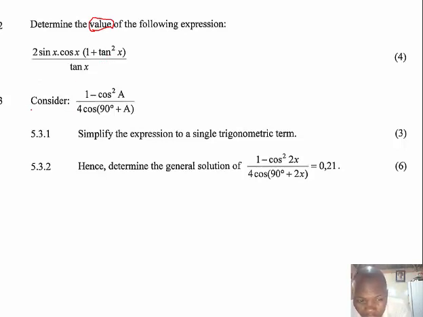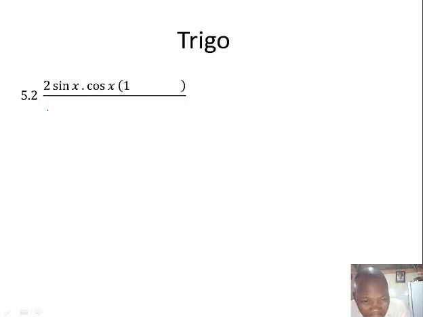Now, 5.3 will also be considered if time allows. Now, let's get started with question 5.2. With question 5.2, you first have to rewrite the question to 2 sine x by cos x. Now, we have that special bracket again, 1 plus tan squared x. You are formulating a plan in your own mind.